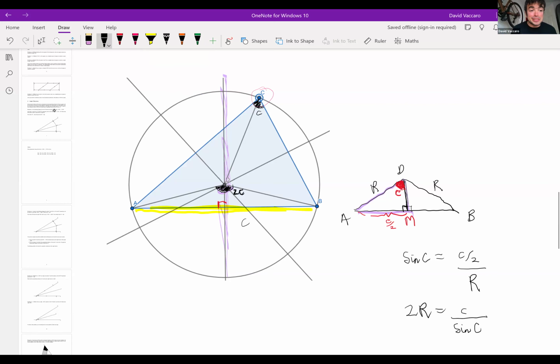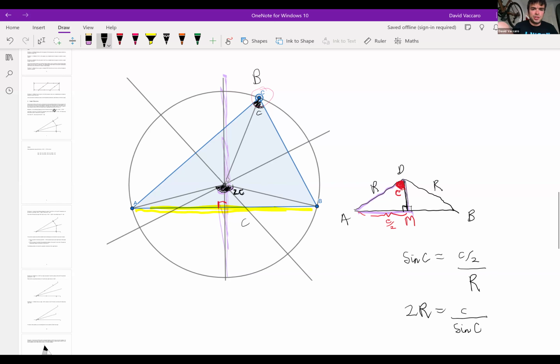But now I'm going to do a little sleight of hand, right? I'm not going to call it capital C anymore. I'm going to call this point B. Which tells me that 2R is equal to b over sine B. Okay. But it would seem bizarre.